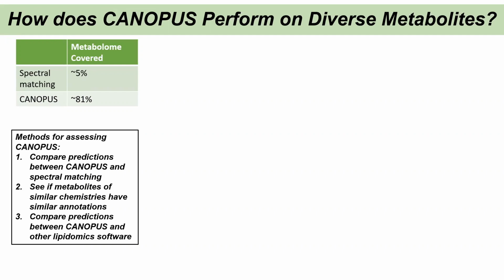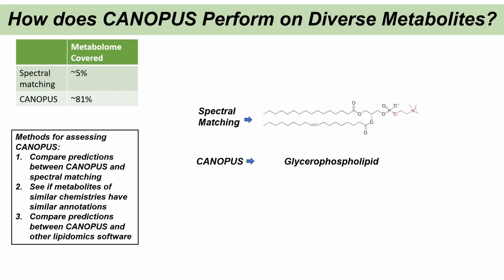We used multiple methods for assessing CANOPUS's performance across a broad array of different chemistries. The first one that we chose to look at was comparing the predictions between CANOPUS and spectral matching. For example, if spectral matching takes metabolite X and says this is phosphatidylcholine, does CANOPUS take that same metabolite and say it's a glycerophospholipid?